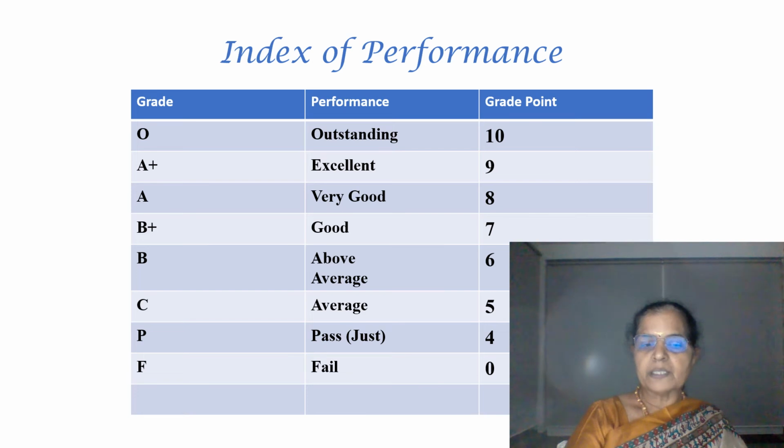B means above average and the grade point awarded is 6. The grade C means average performance with a grade point of 5. Grade P means just pass with a grade point of 4. And F is fail. Anything below 4 is considered fail.